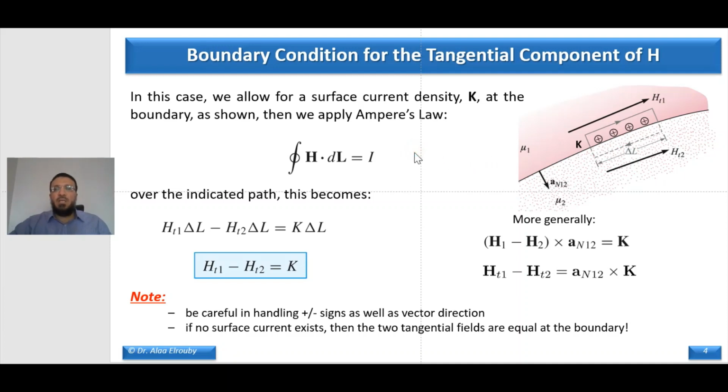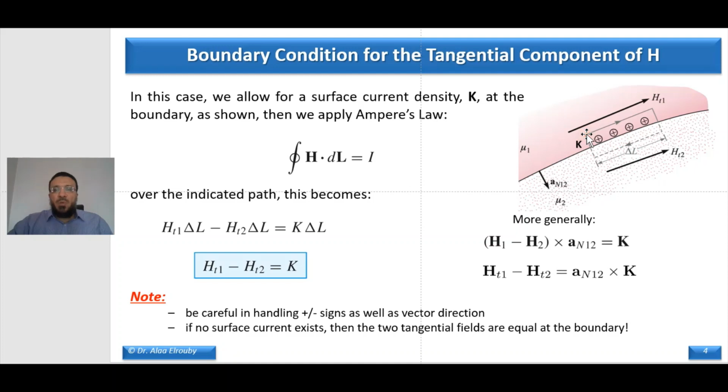Ampere's law states that H dot dl over any closed contour equals the total current enclosed. So consider this contour, which is a very small rectangle. The height here is very small, and we have delta L length parallel to the boundary.